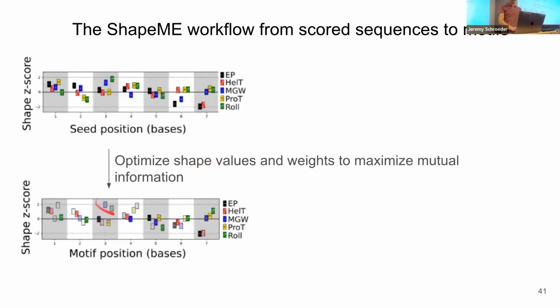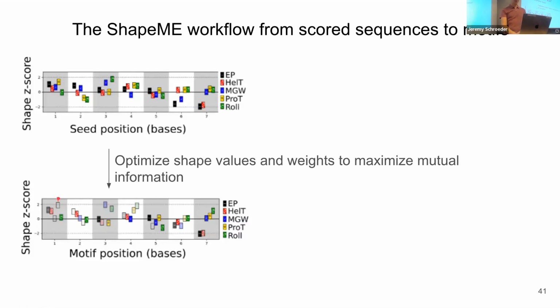So I'm just going to show kind of the intuitive representation here. Hopefully it's large enough to see where, if we take this, again, just toy example seed, you can see that after optimization, some of these values have been nudged up or down. But not only that, you'll see that the opacity of these rectangles has changed. And what I'm encoding there with the opacity is the weight associated with this value of this shape at this position in our Manhattan distance calculation.